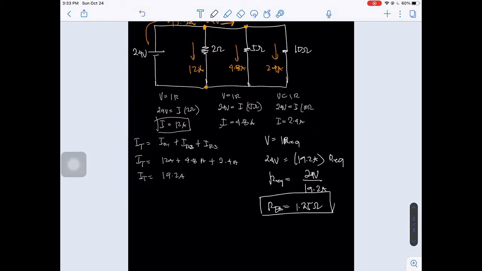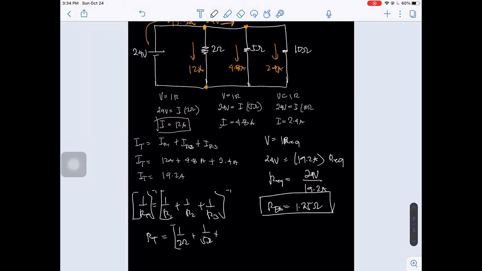Actually, you can also compute using this formula: 1 over RT equals 1 over R1 plus 1 over R2 plus 1 over R3, all raised to the power of -1. So we can have RT equal to 1 over 2 ohms plus 1 over 5 ohms plus 1 over 10 ohms.